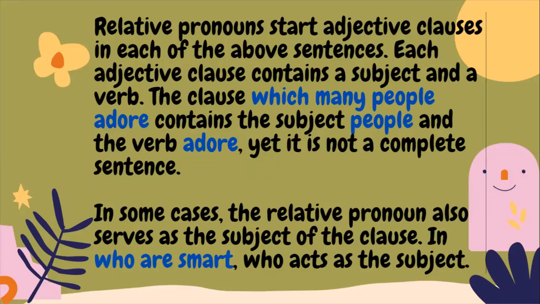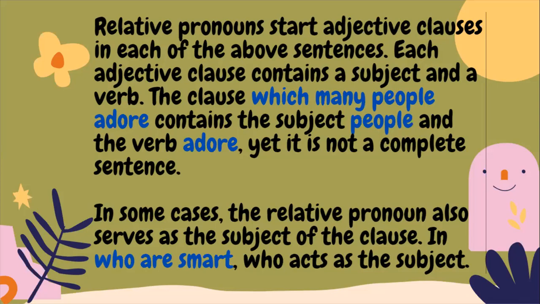The clause which many people adore contains the subject people and the verb adore, yet it is not a complete sentence. Can we say, for example, which many people adore? The listener will expect us to say something more.